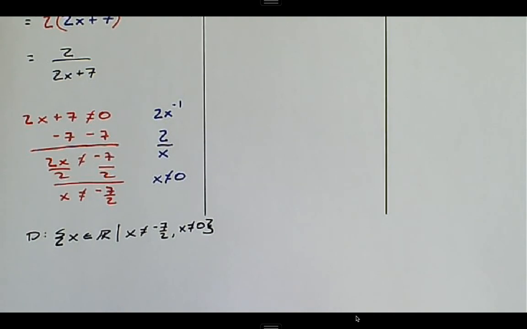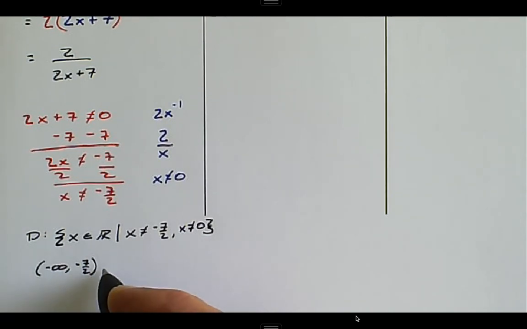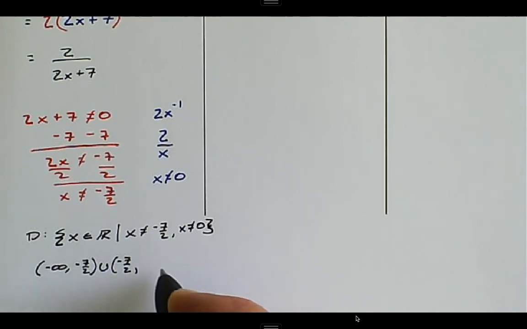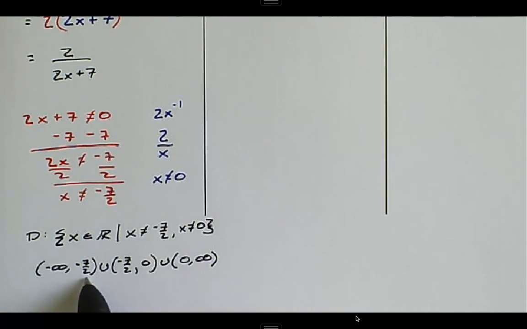If we write that in interval notation, we have to have 3 intervals. So in interval notation, we can start at negative infinity, and we can go to negative 7 over 2, not included. Then we want a union, negative 7 over 2, and then we're going to go all the way to 0, not included. And then we'll union, and we'll go from 0 to infinity. So basically, we're just cutting 0 out, and we're cutting negative 7 halves out.